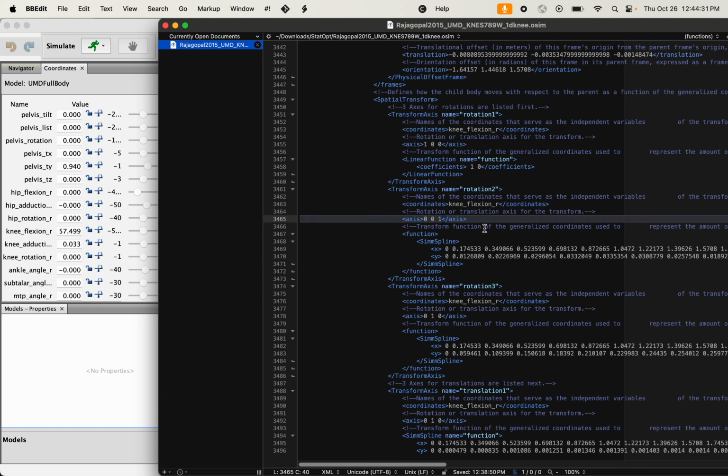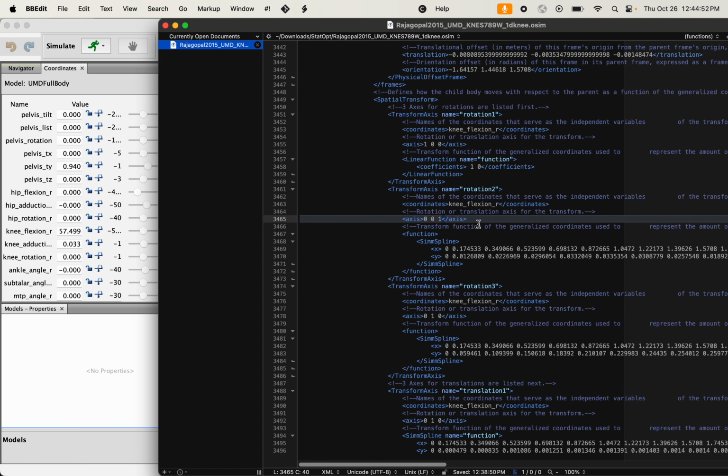It's making the adduction-abduction angle a function of the flexion-extension angle. That's some of the data that's in that Walker paper I mentioned a little while ago. It specifies how those non-sagittal motions and rotations of the knee are typically coupled during passive flexion of the knee to that flexion-extension motion.